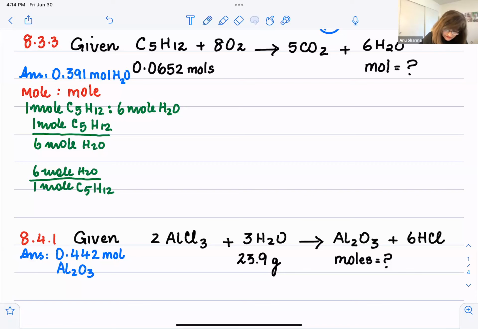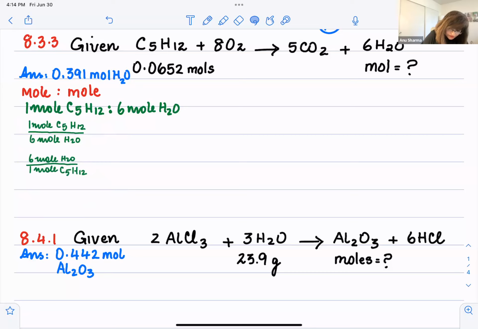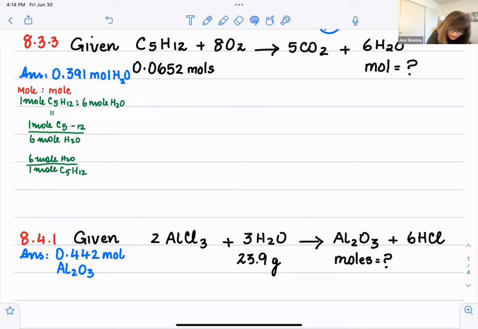So these are the 2 equalities, the mole to mole fractions, or molar ratios. Let me make this also small. All of this should be small size. All right, here.